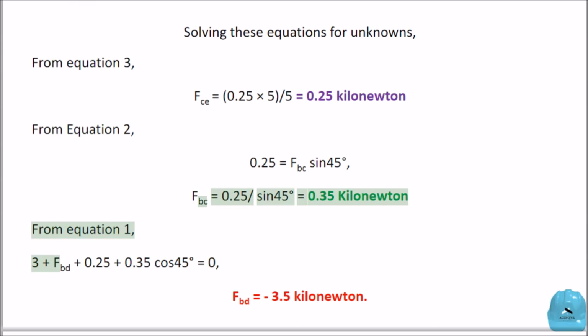From equation 1, 3 plus F_BD plus 0.25 plus 0.35 cos 45 degree equals 0, F_BD equals minus 3.5 kilonewton.